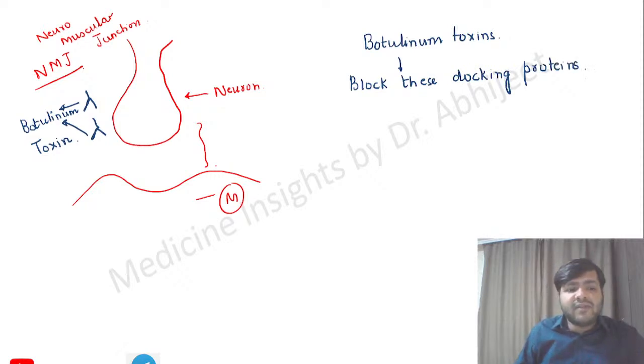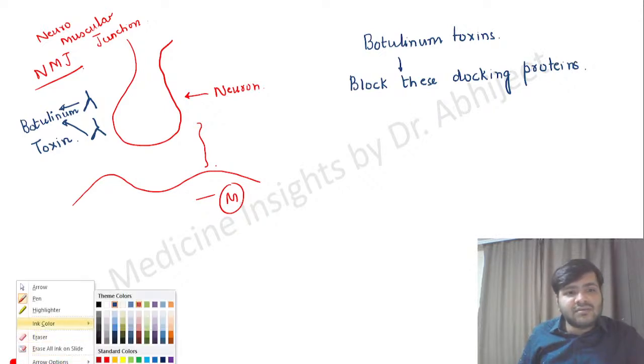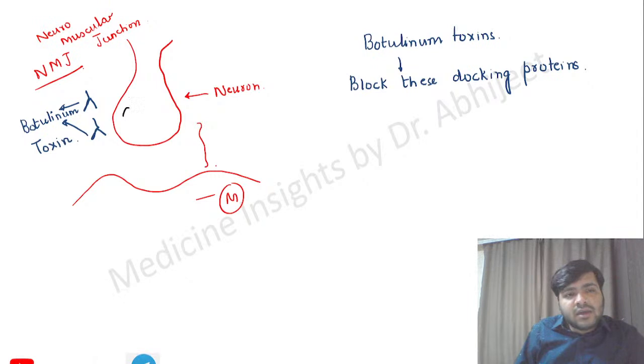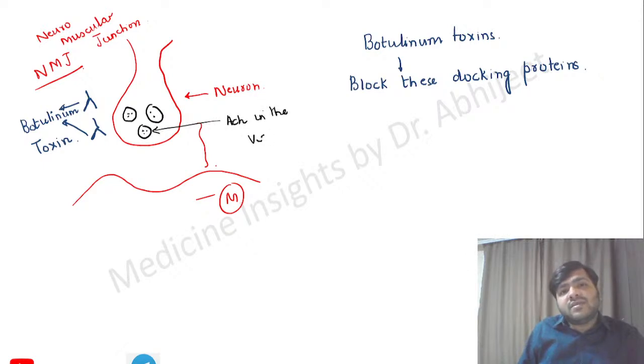Okay, now what will happen? Everyone knows that in the vesicles inside these neurons, there are some substances called neurotransmitters, and here it is ACh in the vesicles. Now what does ACh stand for? It is acetylcholine, which is required for muscle contraction.